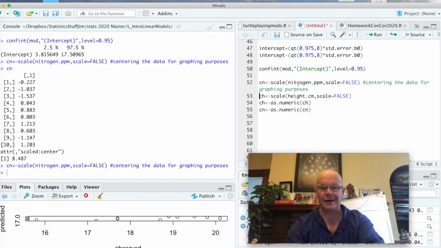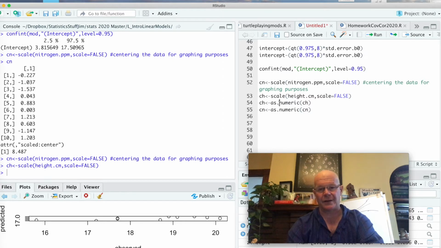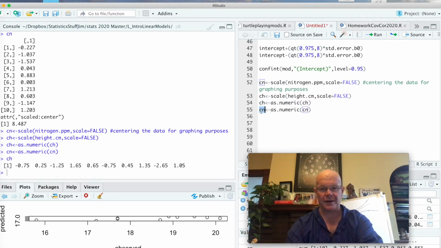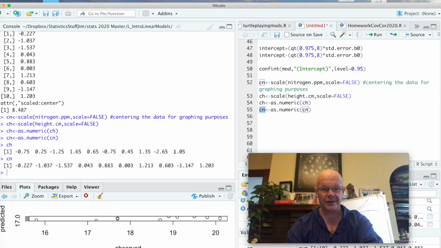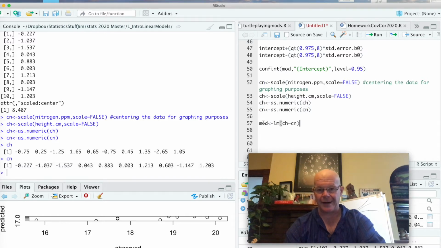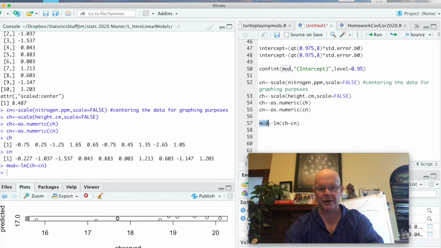So I'm going to do that, and then I'm going to do this little as numeric thing just because R will be annoying otherwise. But here's my heights centered around 0, and here's my nitrogen centered around 0. And so I'm going to make a new model based upon that centered data, and we can look at that.